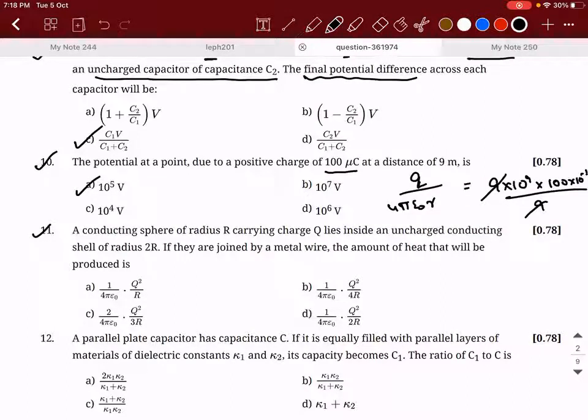If they are joined by a metal wire, what is the amount of heat that will be produced? Who did it? I know this is a slightly tricky problem, but I wanted to explain this concept. That's the reason I asked this question. Who could solve this? Anybody?